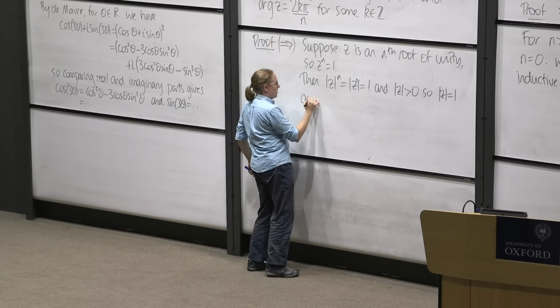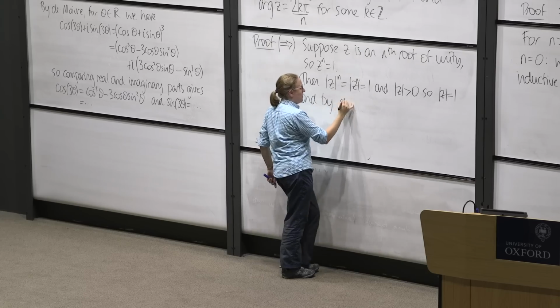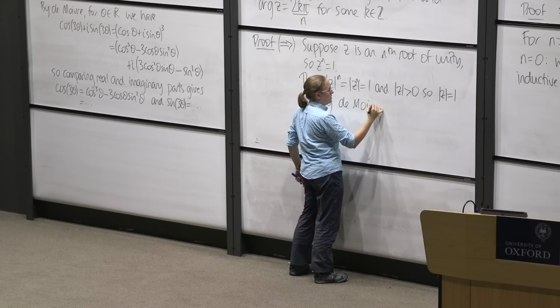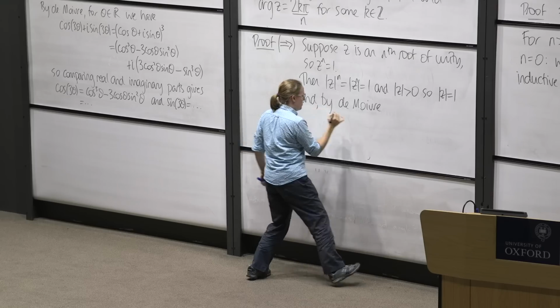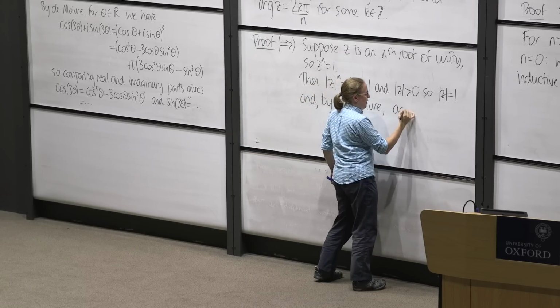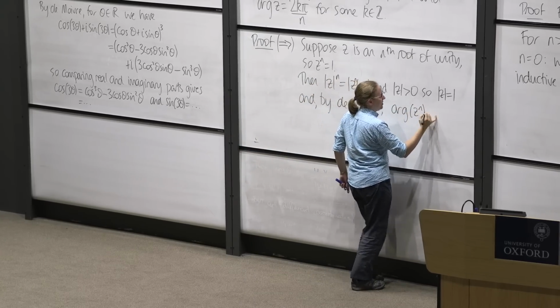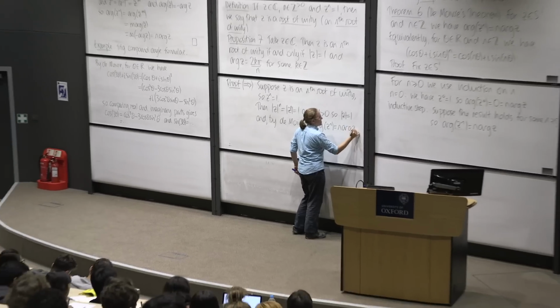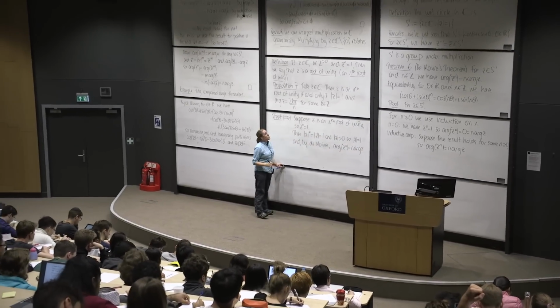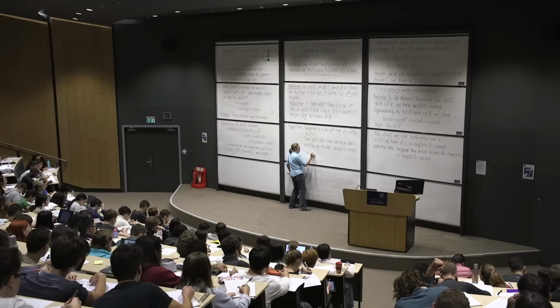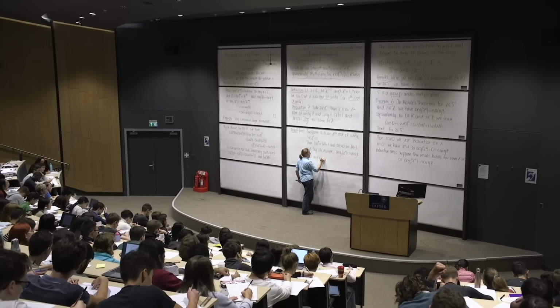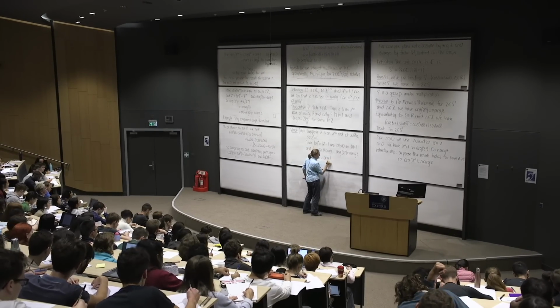And by de Moivre, which conveniently we've just proved, the argument of z to the n is n times the argument of z, but we know that z to the n is equal to 1. So the argument of z is the argument of 1 over n.